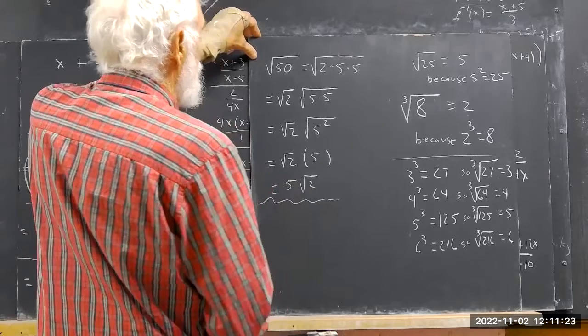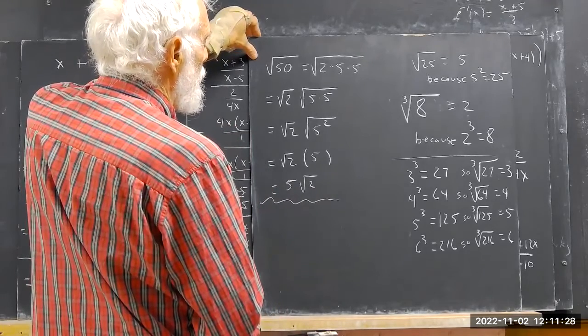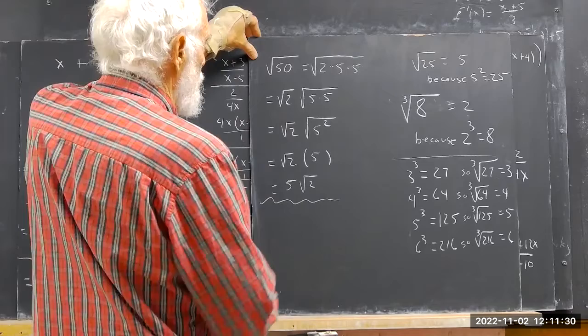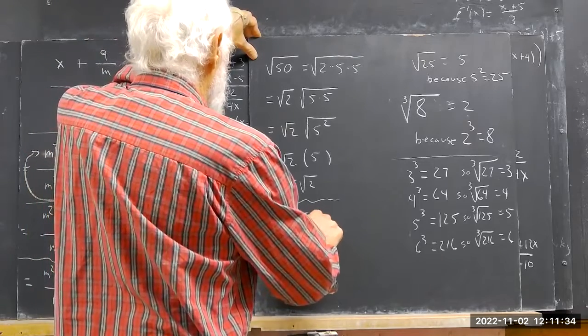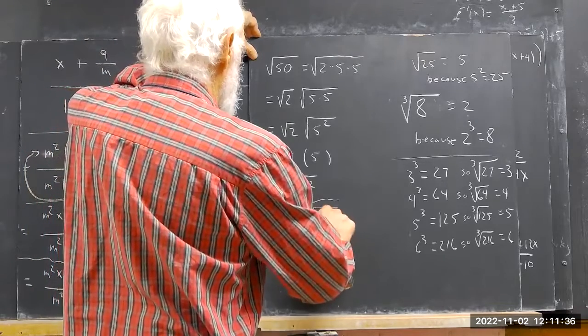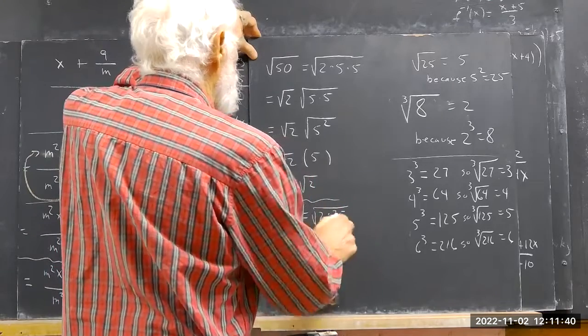Okay, so a shorter way of seeing this is you can see that 50 is 2 times 25.